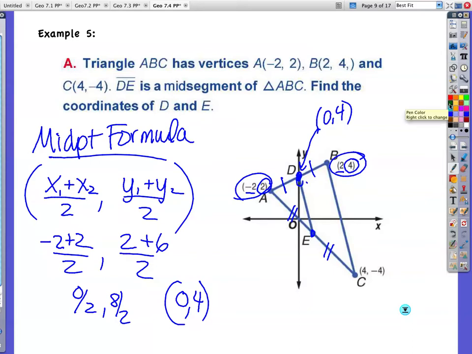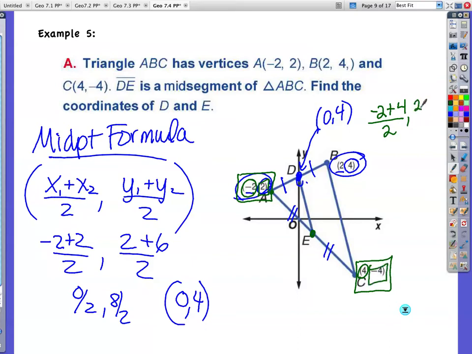All right, I also have to find the coordinate of E, this one right here. So I have to find the midpoint of this and this point. I'm going to add my X values together, so -2 plus 4, and then divide by 2. Then I take the y values, the 2 and the negative 4.